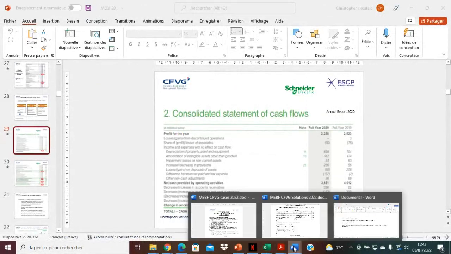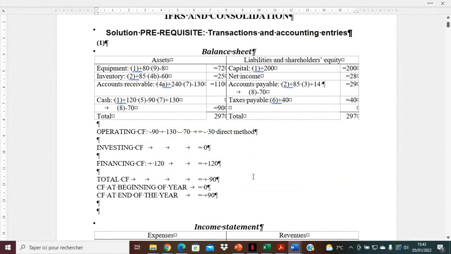So what's then the difference between the direct method that we did here and the indirect method?